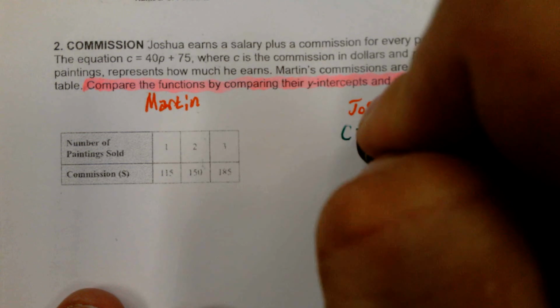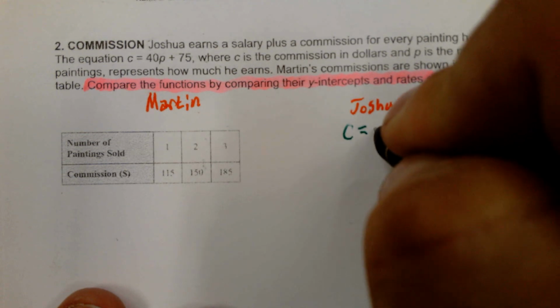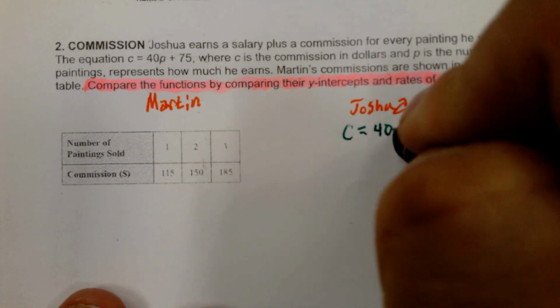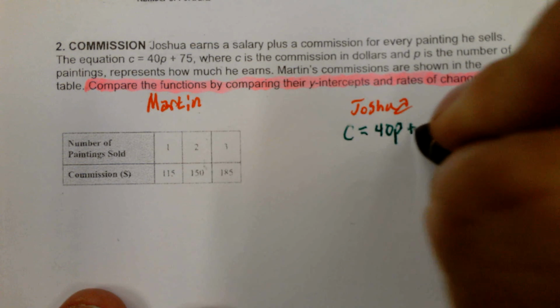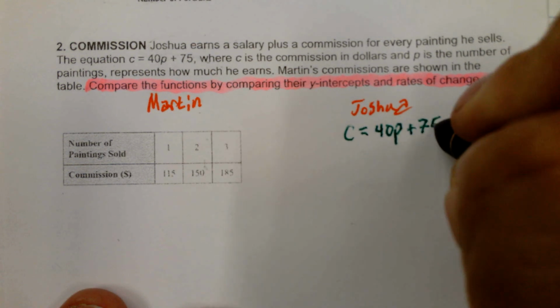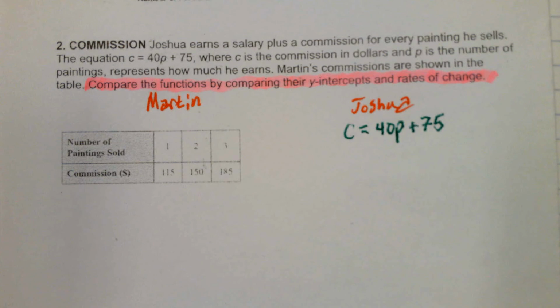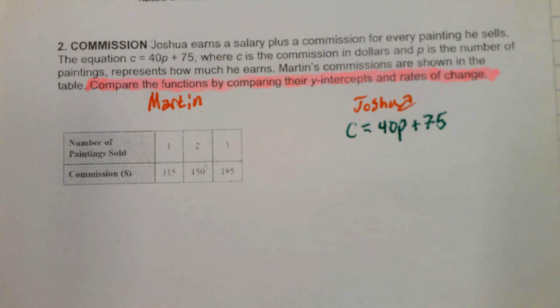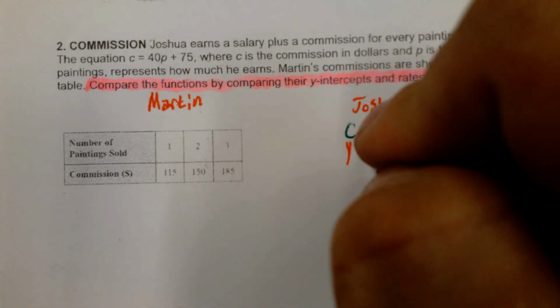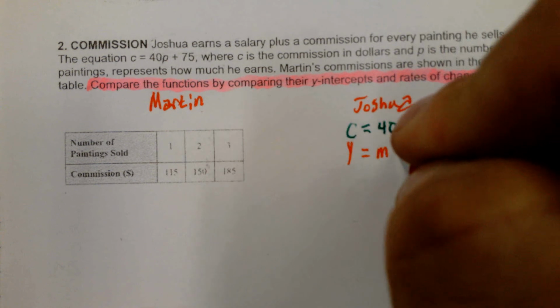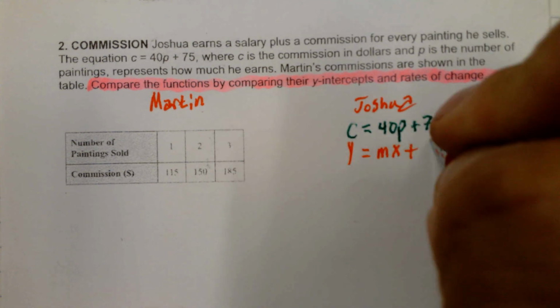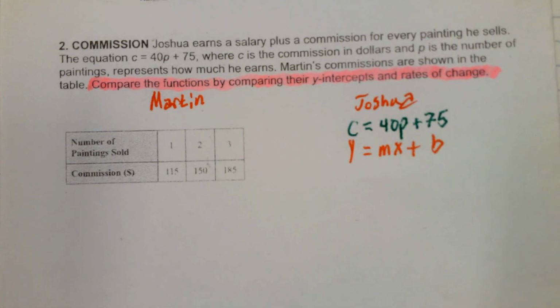C equals 40P plus 75. And this, remember, lines up with y equals mx plus b. They're just giving us different letters, but it's the same structure.